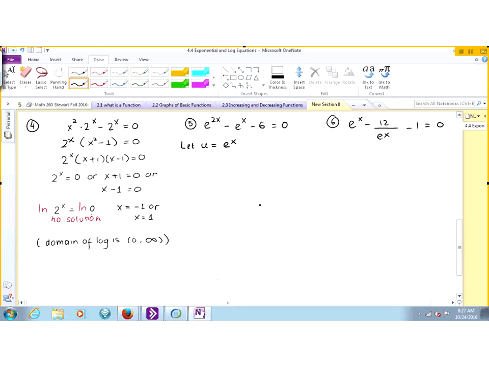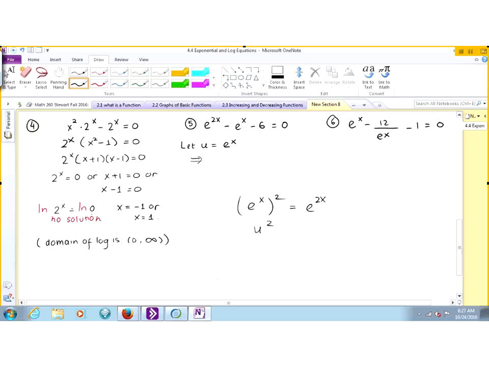So is it clear why this is u squared? Because e to the x squared is e to the 2x. So this is your u squared, right? So we do have a u squared, which is e to the 2x.